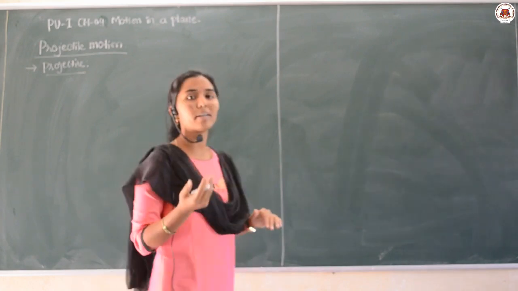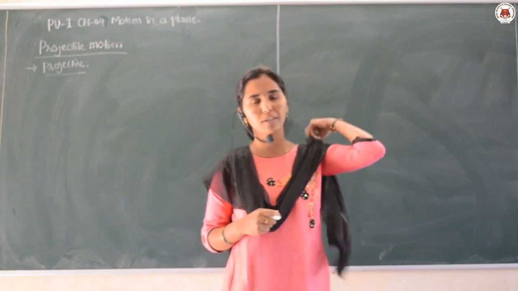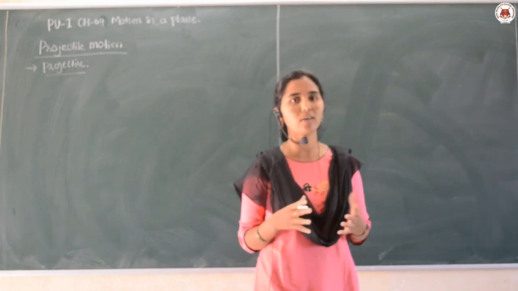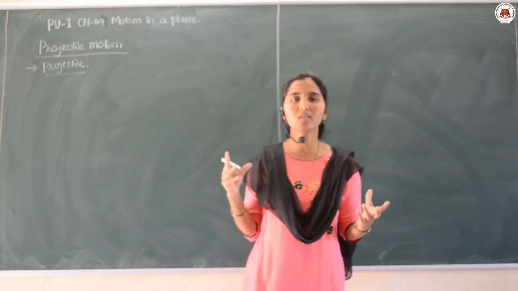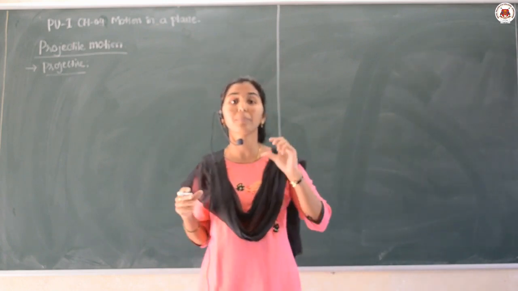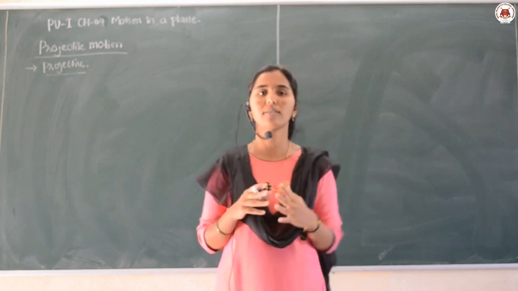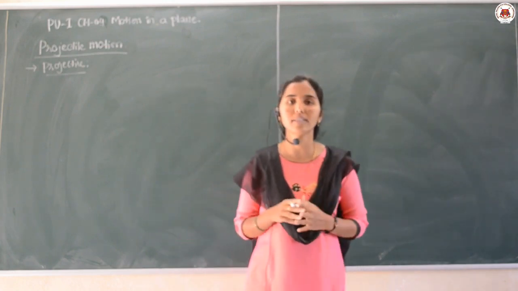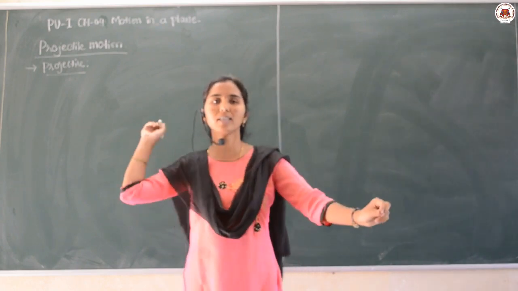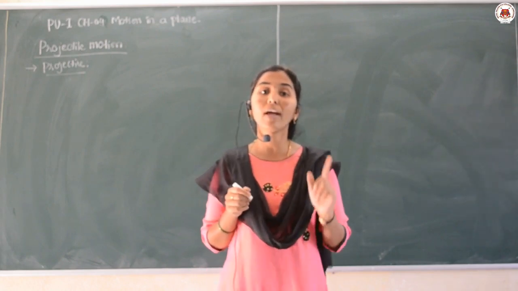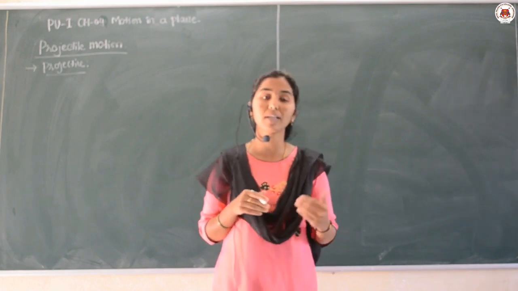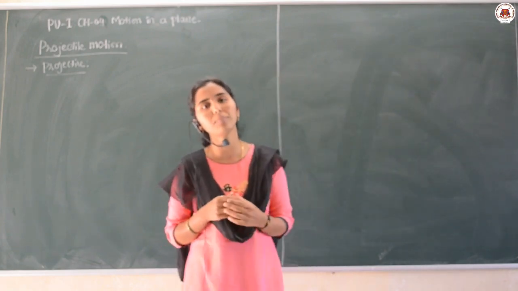What are the examples of projectile motion? Many examples we have seen. In sports, if you consider the discus throw and the shot put, we are projecting a shot put at a particular angle with the horizontal surface. Even in the javelin throw, the javelin is thrown at a particular angle so that we can get the maximum distance, that means the maximum range can be covered by the javelin.